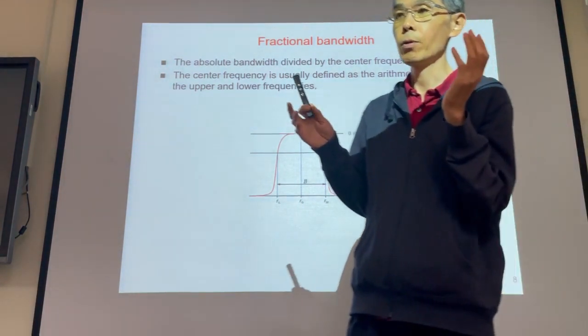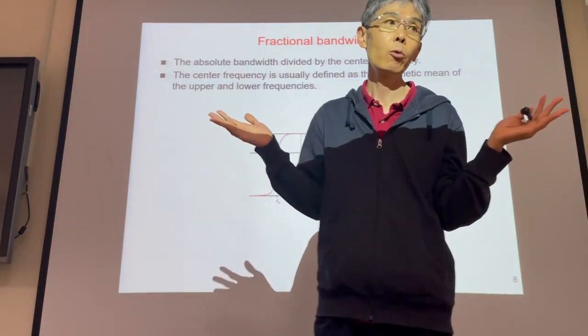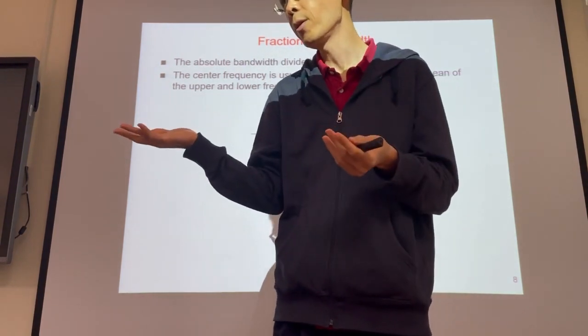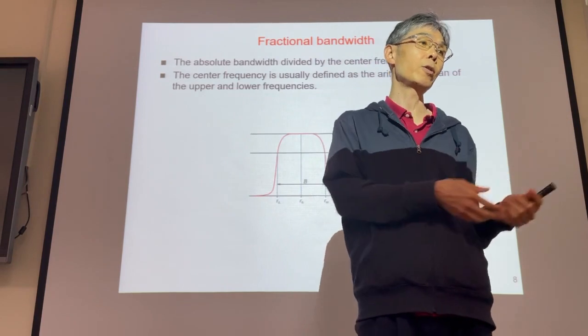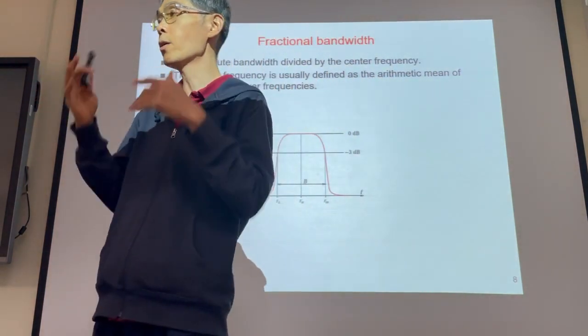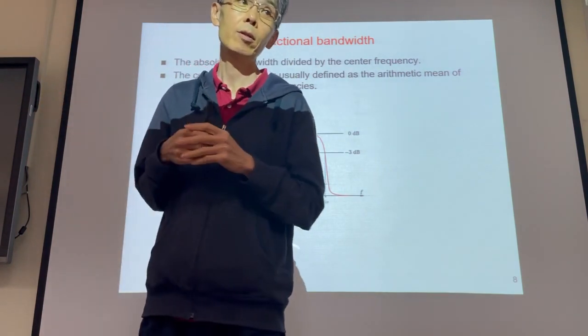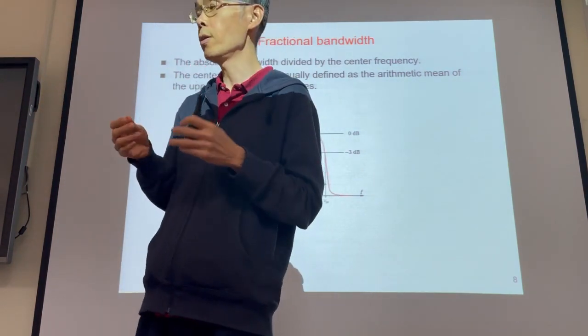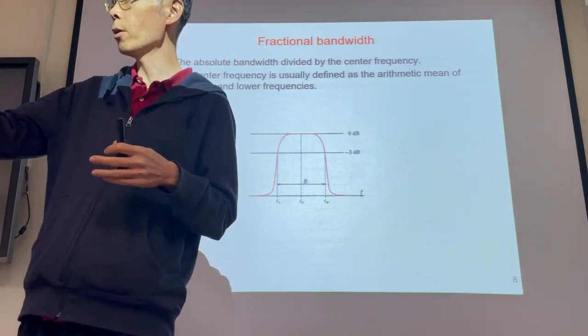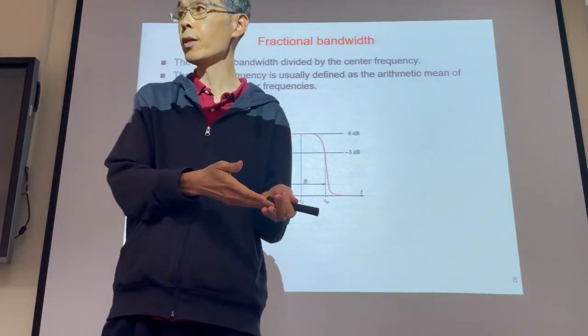Because in the frequency world, we have megahertz frequency, we have gigahertz frequency, we have, say, kHz frequency. But if you say the bandwidth is 100 hertz, it doesn't make sense because you need to consider what the frequency range is, megahertz range or gigahertz range.